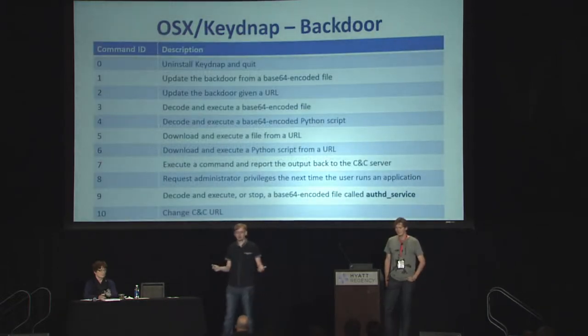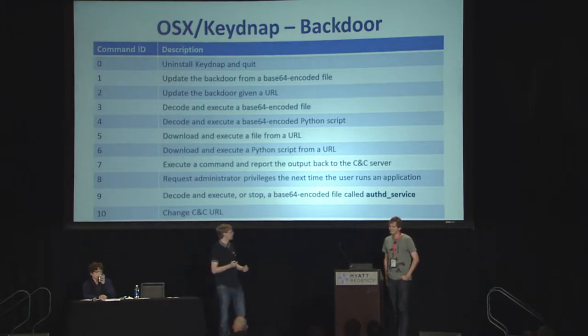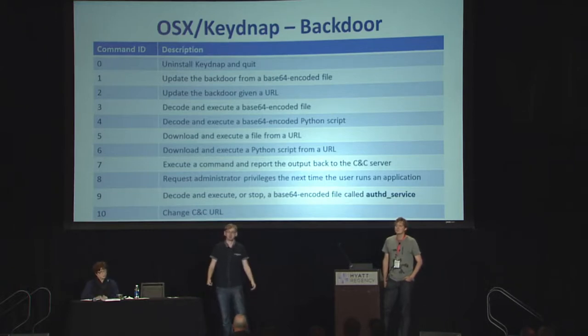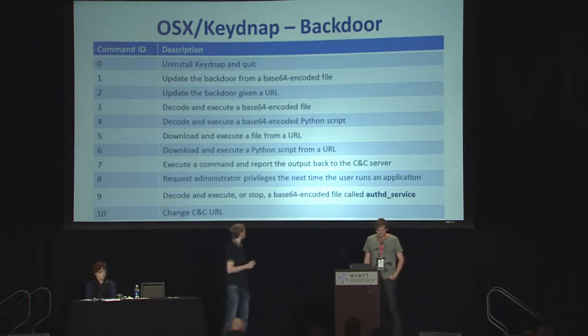The backdoor now has 10 commands. It used to have 9. The 10th is in the latest version. It does all the things you would expect from a backdoor, like update, download, execute command, all the things every backdoor has. The interesting parts are the bottom ones.